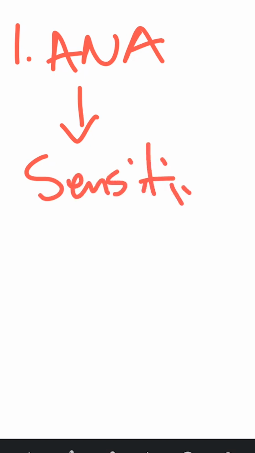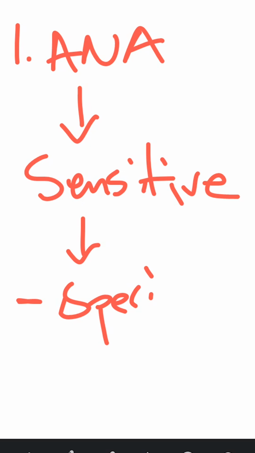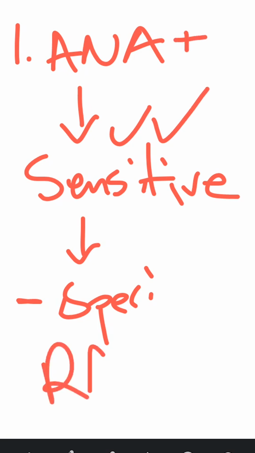antibodies, or ANA. Now, the thing about ANA is that it is highly sensitive. However, despite it being sensitive, it isn't really specific. This means that whilst ANA can come out positive in SLE, SLE isn't the only condition that will have ANA positive. You would have other conditions like rheumatoid arthritis and scleroderma, all giving you a positive ANA.